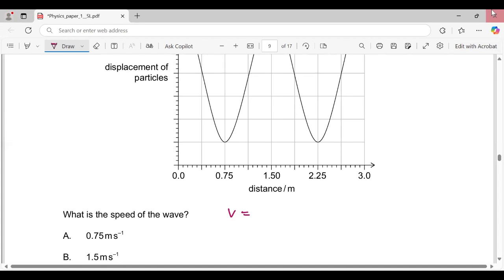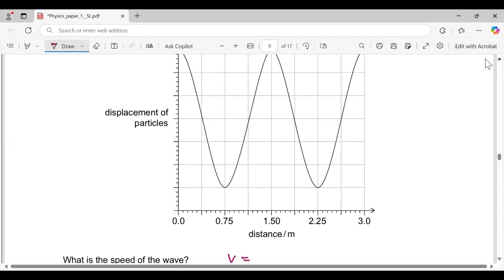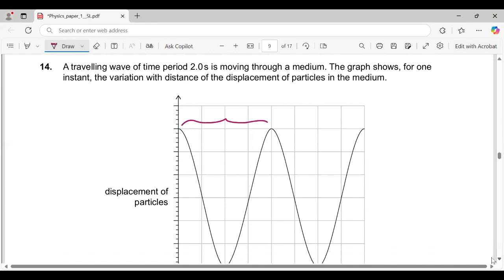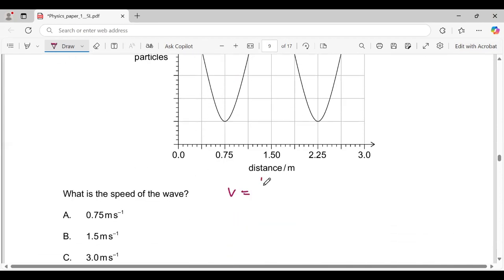The distance for one wavelength is this one, 1.5 meters, and the time is 2.0 seconds. The result is 0.75 meters per second. The option is this one.